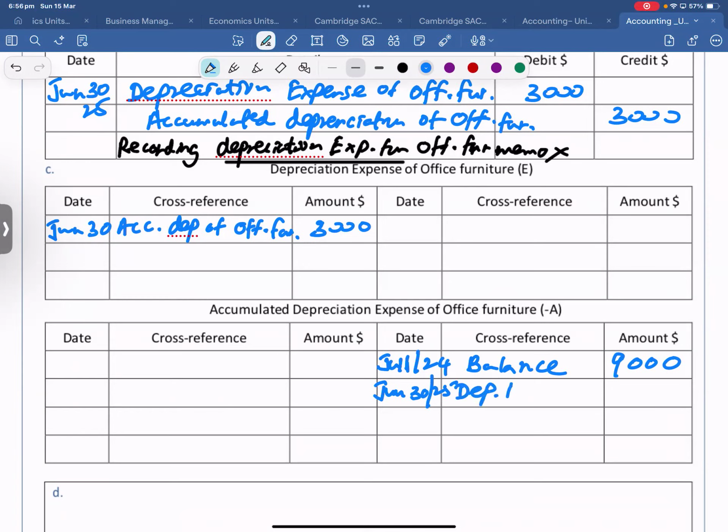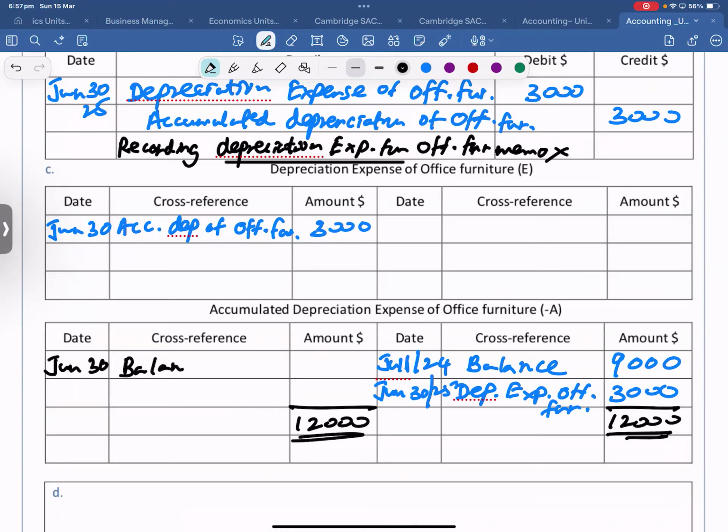Depreciation expense of office furniture, 3,000. Then what do we do? It's a matter of balancing. No, not transfer, not the profit and loss summary.